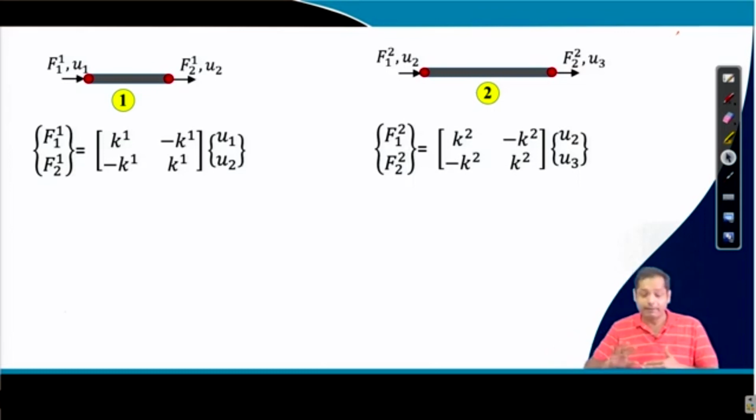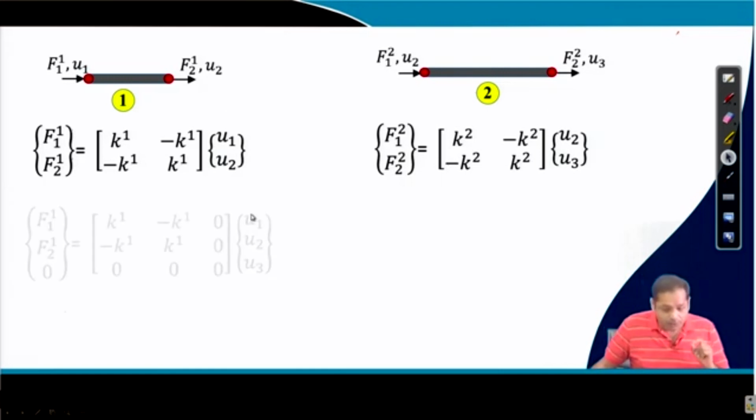We will come to that, but just to understand, when we assemble them, we also need to respect equilibrium, compatibility, constitutive relations, all these fundamental properties, and see how they are preserved during assembling. That's why we are doing this exercise. But once we understand that, assembling can be done in a more straightforward way. We will see that as well.